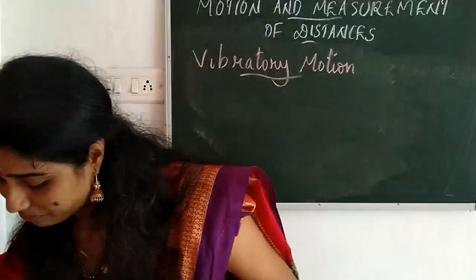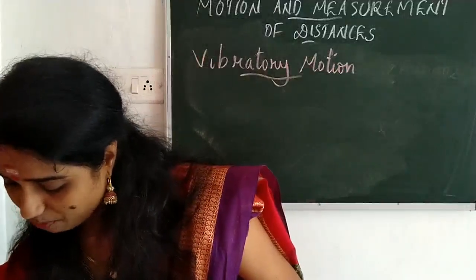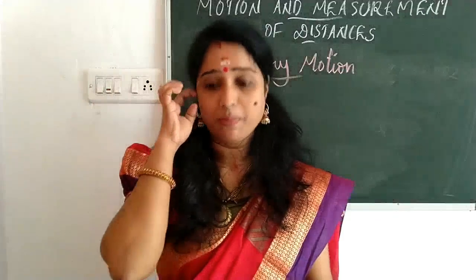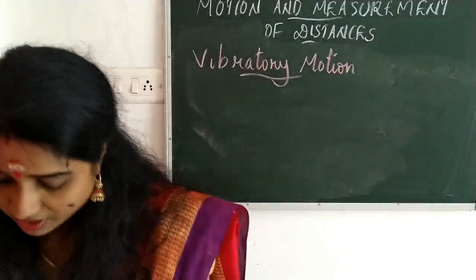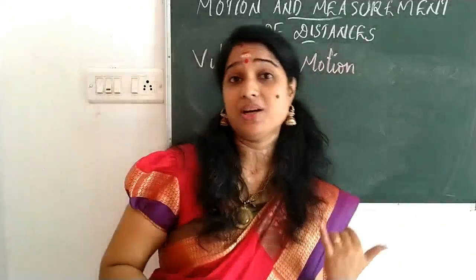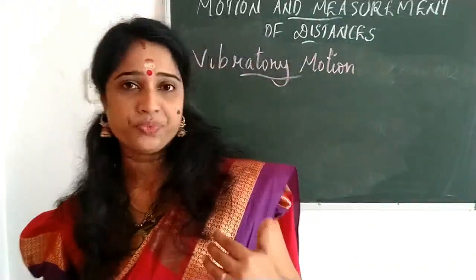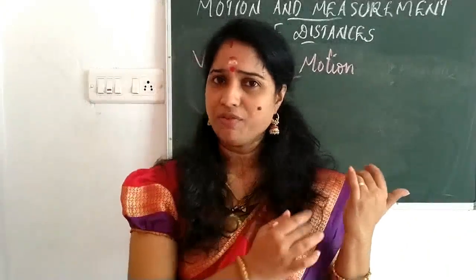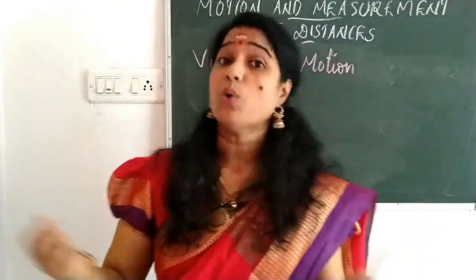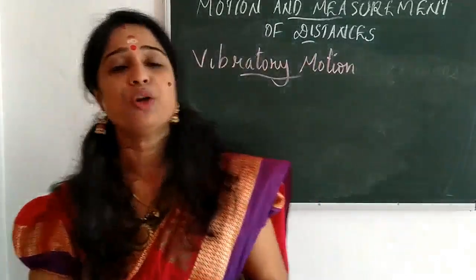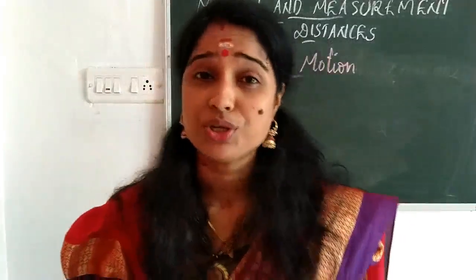When we play the string of a musical instrument, what happens? The string vibrates, and that sound only we are hearing, isn't it? When you use the guitar, sitar, or veena, playing it with the fingers, you can hear a beautiful, melodious sound. That is the example of vibratory motion.